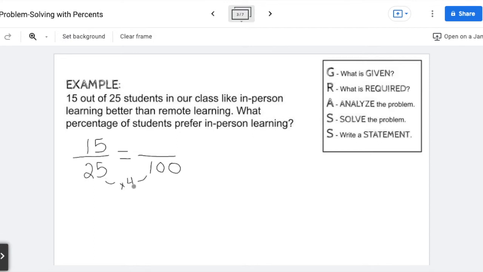And you know that if you multiply your denominator by 4, you also have to multiply your numerator by 4. 15 times 4 is 60. If we look at this fraction of 60 hundredths, and remember that percent means for every 100, we can very easily convert the fraction of 60 hundredths to 60%.